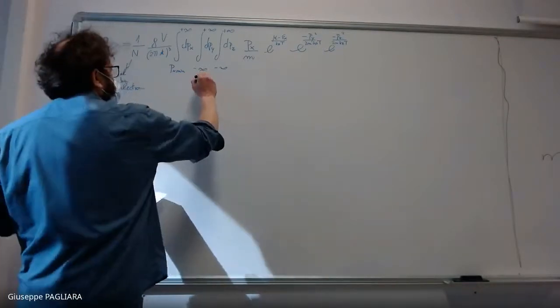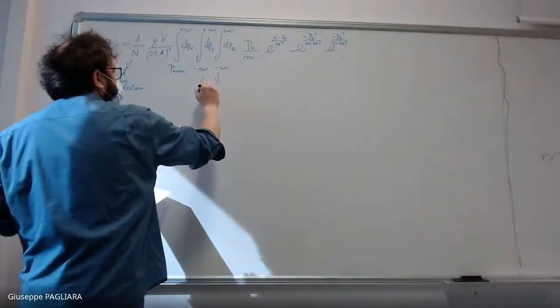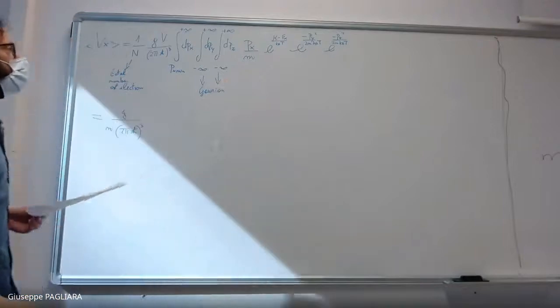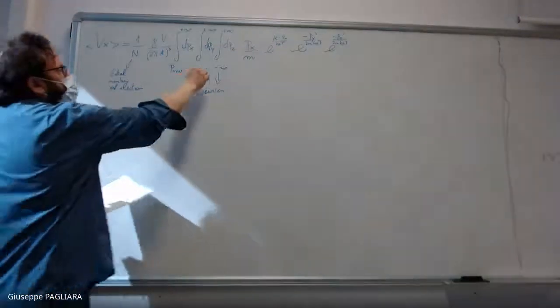Those are Gaussian integrals, because they are integrated from minus infinity to plus infinity of those two Gaussians. And I will get the usual square root of pi divided by alpha, where alpha is 1 over 2m kBT, so I have 2m kBT.